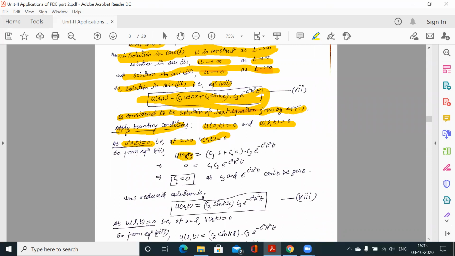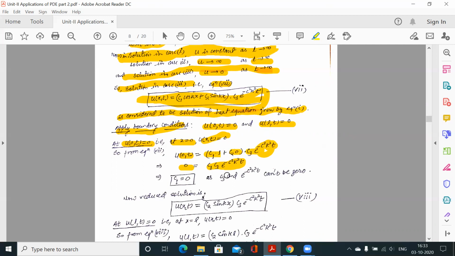Now c1 into cos 0 is 1, so c1. Then c2 sin 0 means c2 into 0, into c3 e to the power minus c square k square t, because this is not in terms of x. So we have substituted x as 0 here. Because this is c2 into 0, it is 0. So c1 into c3 into this, and u(0,t) is given as 0.